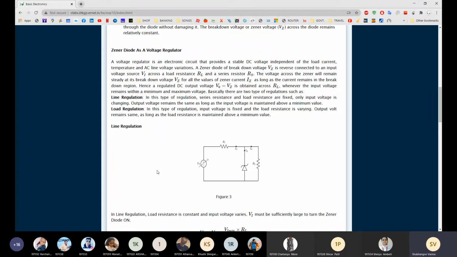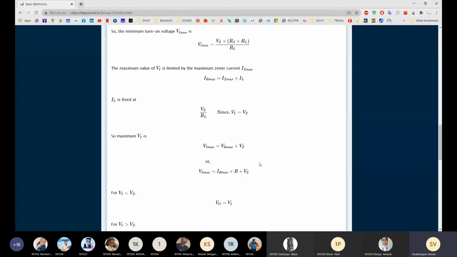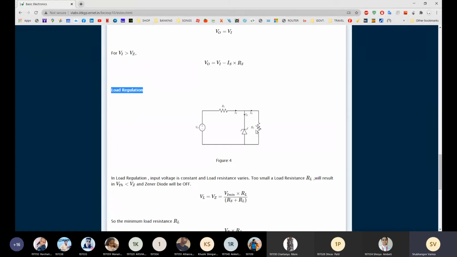With a change in input, there should not be any change in output current. And if you change the load resistance, the load current IL should also remain constant.